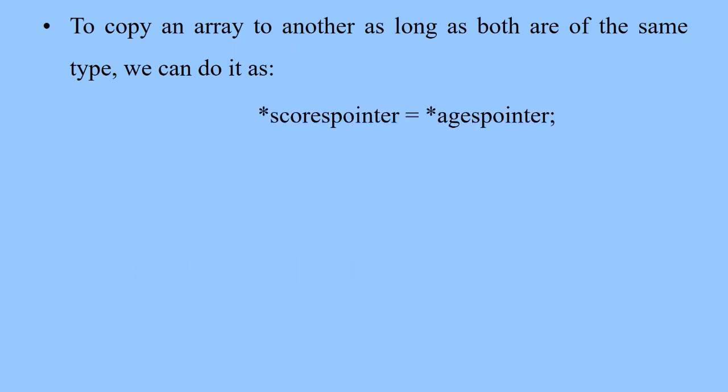In other words, this statement means pick the content being pointed to by the pointer called digitsPointer and assign it into the memory location being pointed to by the pointer called scoresPointer.